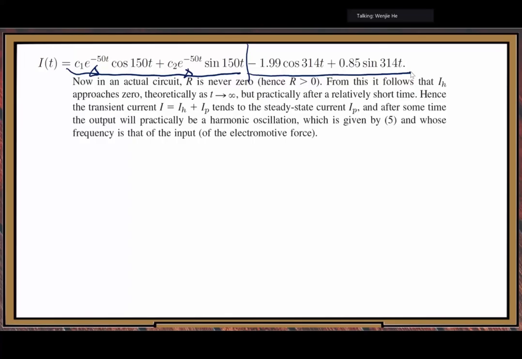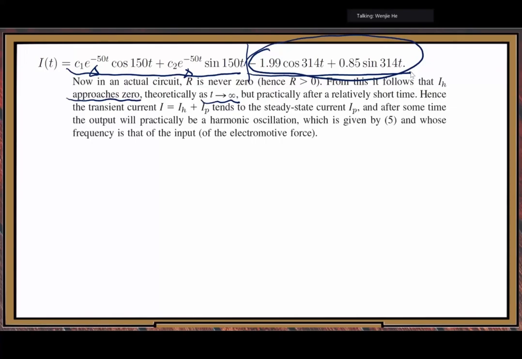For the E function, e to the negative 50 times t, when t is very large, this E function goes to 0. So the RH part approaches 0, almost disappears. So when t is relatively large, basically what you have is the IP part.